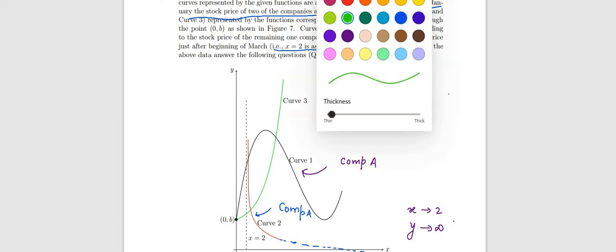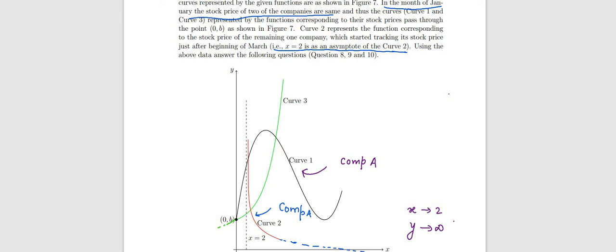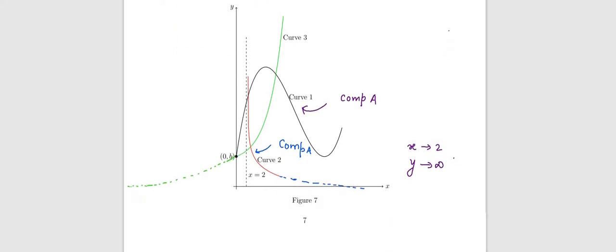It will extend and look something like this. So this is for company B, that is logarithm. And this one that you see here is nothing but your exponential, and it will move like this, and this one is your company C.